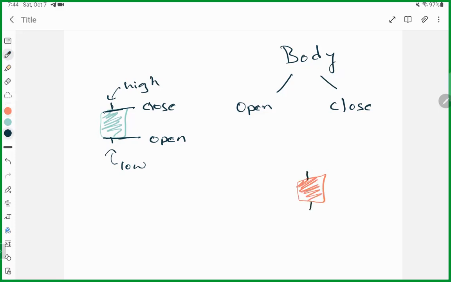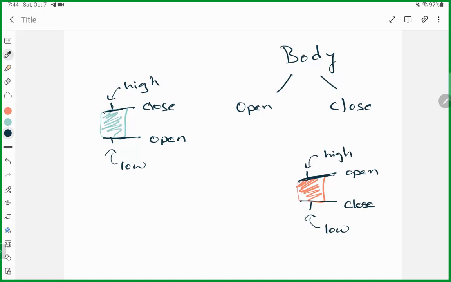So this is a bearish candle, and this part right here is the open, and this part right here is the close. This is the low, and this is the high.